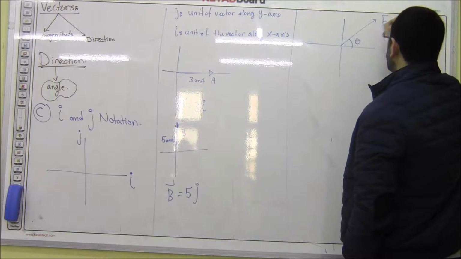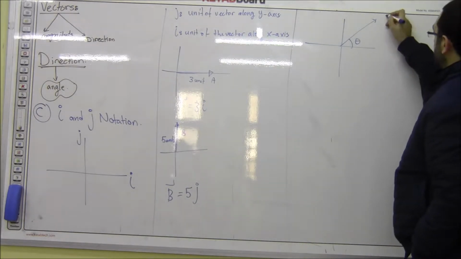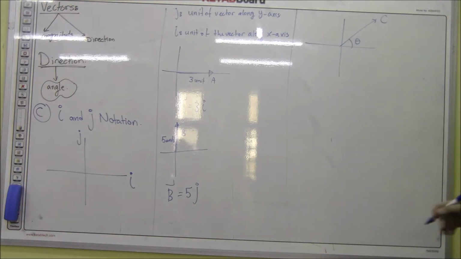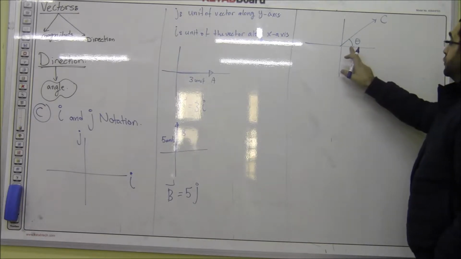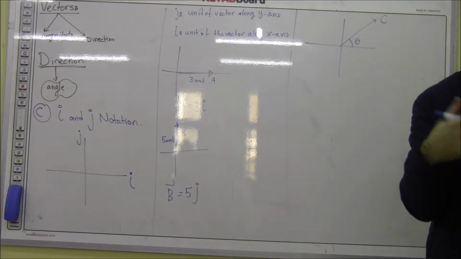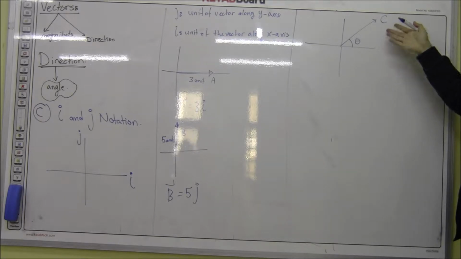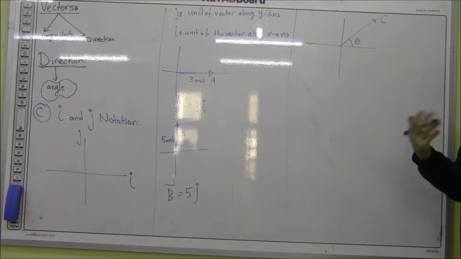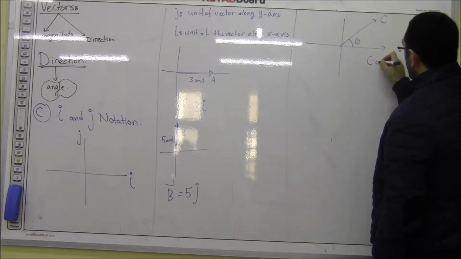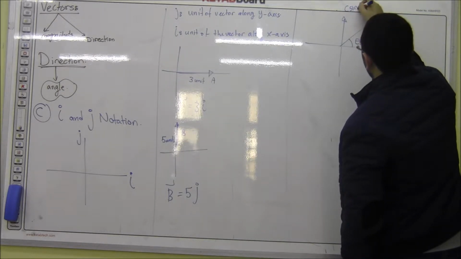What about now if I have a vector like this that does not lie along x or y? Resolve. Excellent. This is C, a vector, whatever, force, velocity, acceleration. In order to have 2 components here, because as we mentioned before, we cannot use this vector in this way, to simplify things we always have to resolve it. So this becomes C cosine theta, and this becomes C sine theta.